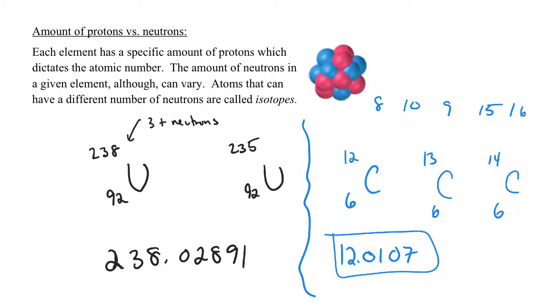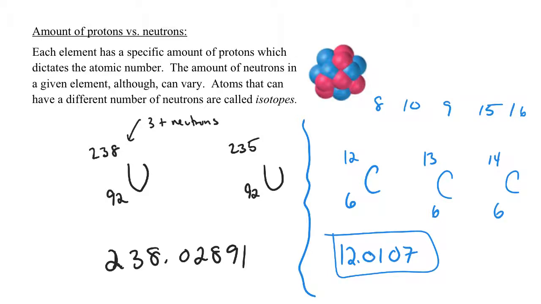The majority of naturally occurring carbon is C-12. So if you took the average of all these particles, the average turns out to be a mass of around 12, showing that's the most abundant of the isotopes. For uranium, the same thing. U-238 is the most abundant of uranium that exists. The average is quite close to U-238.